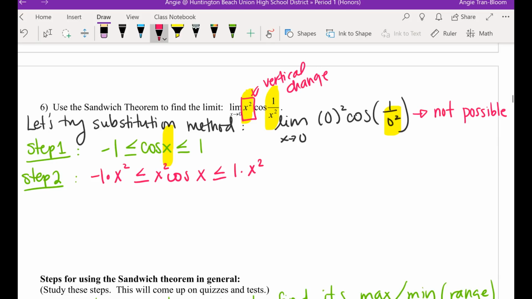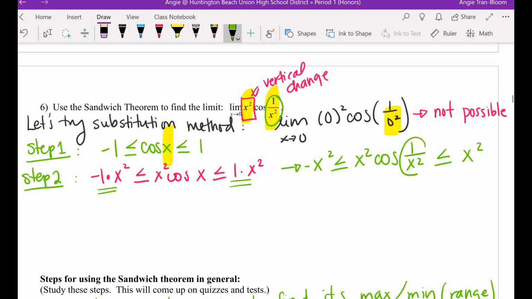But this one right here, that's a horizontal change. If it's a horizontal change, the ends, which is the range, don't change. So really, this stays as -x squared less than or equal to x squared cosine 1 over x squared, and then less than or equal to positive x squared.